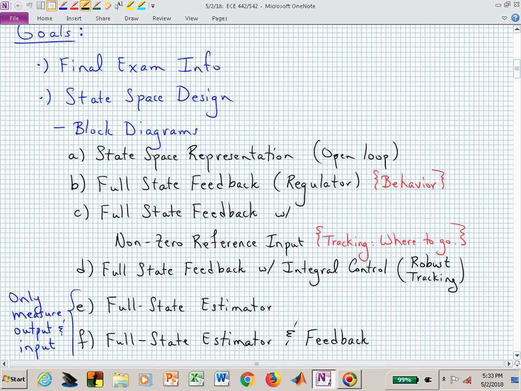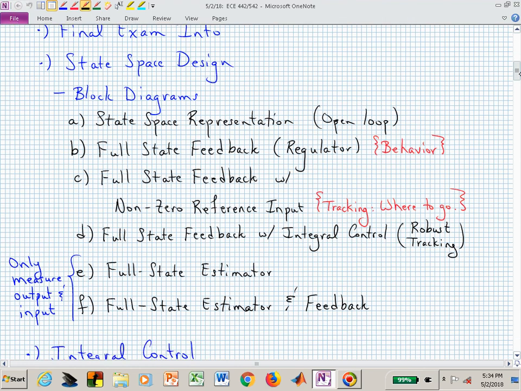We'll look at how we might incorporate that with state space descriptions in a block diagram, and then how do you go back and forth between block diagram and equations, time domain, writing the formulas based on just a block diagram description. That might also be important for final exam. Maybe not so much in this context, but in general. How do you go between a block diagram and a time domain difference equation, transfer function, etc.?